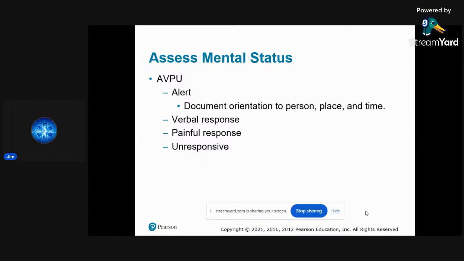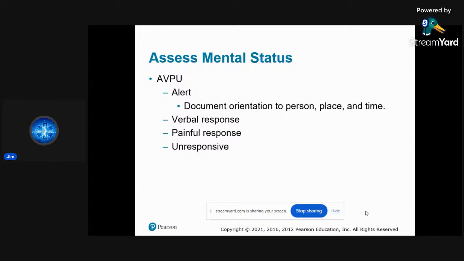Now, time has a little give there. If I ask somebody what's today's date, they may not know. Ask them what day of the week it is. Again, they may not know, right? A nursing home patient may just not know what today is, but they may know the month. They should know what season, possibly.